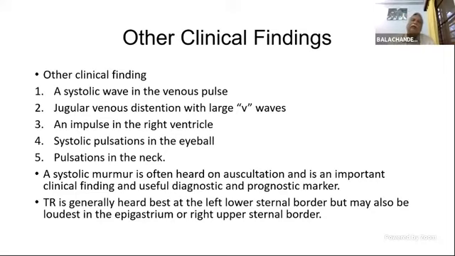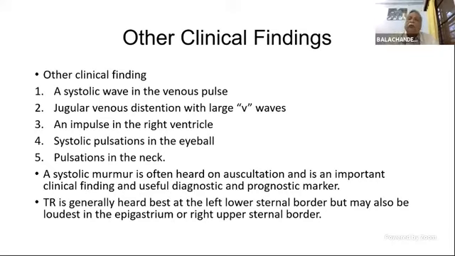Of course, very severe TR can produce, as I said, some systolic pulsations in the neck, and lateral bobbing movement of the head can also occur. A systolic murmur is heard on auscultation. The TR murmur is generally heard best at the left lower sternal border, and they say that a TR murmur cannot go up to the base of the heart.